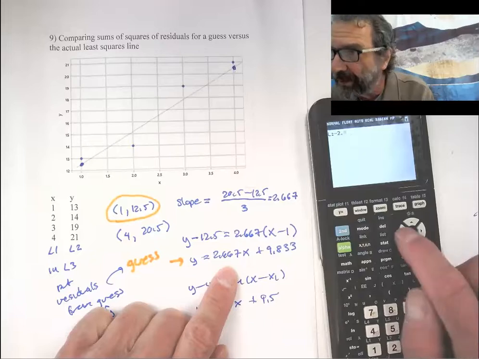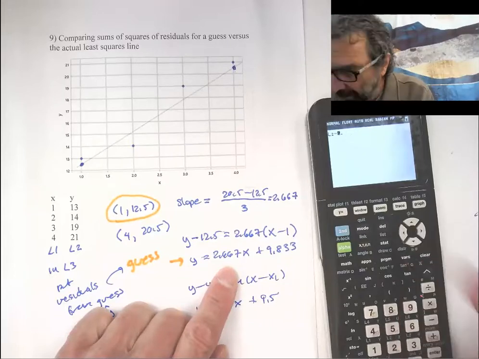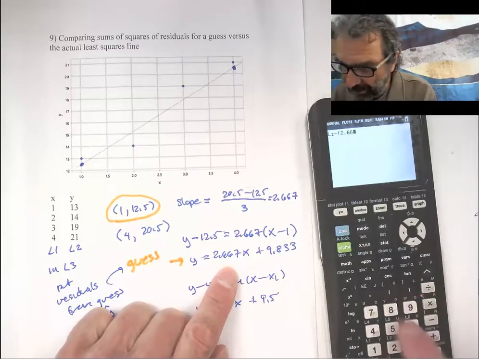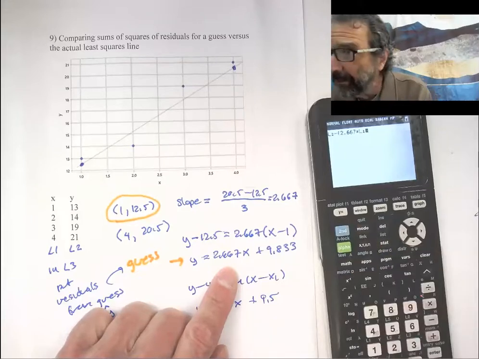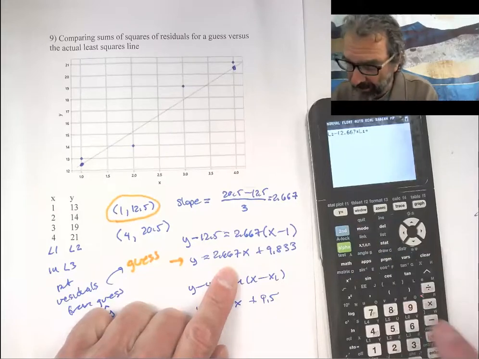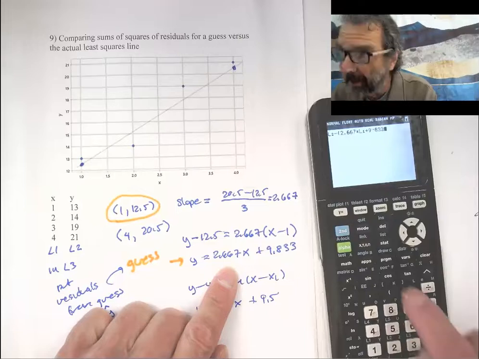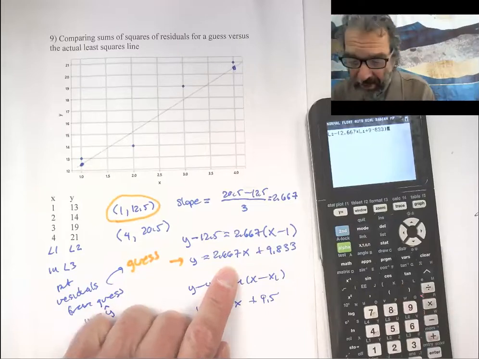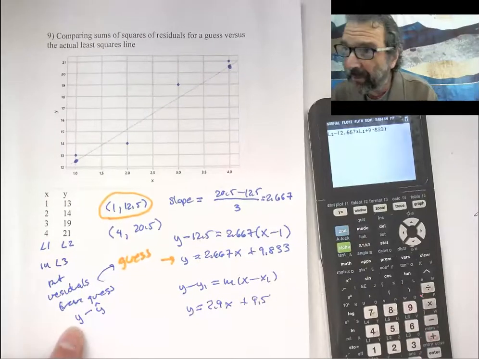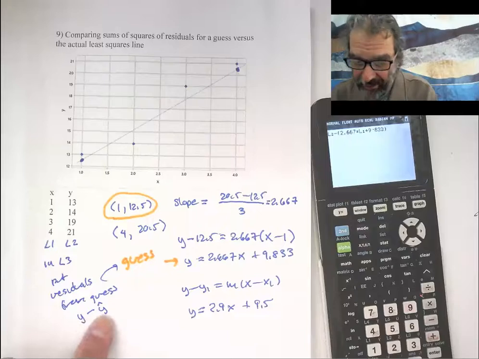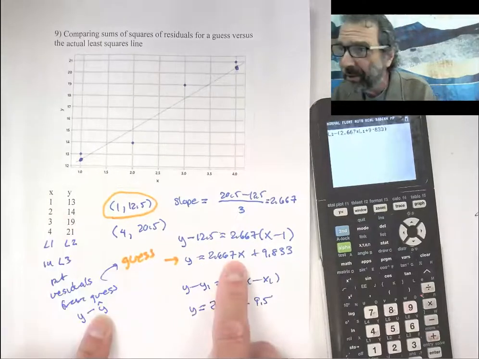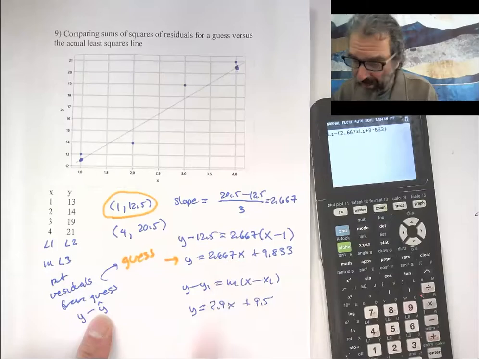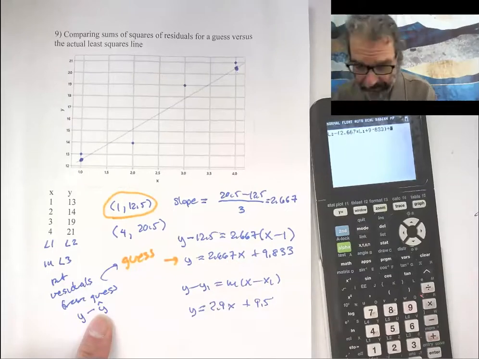Maybe I should have parentheses there. Parentheses, 2.667 times what's in list 1 plus 9.833, like that. So I'm taking observed y, the stuff in list 2, and subtracting off the predicted y, which means I use the x value in the equation. That looks good. And then I'm going to store that in list 3.